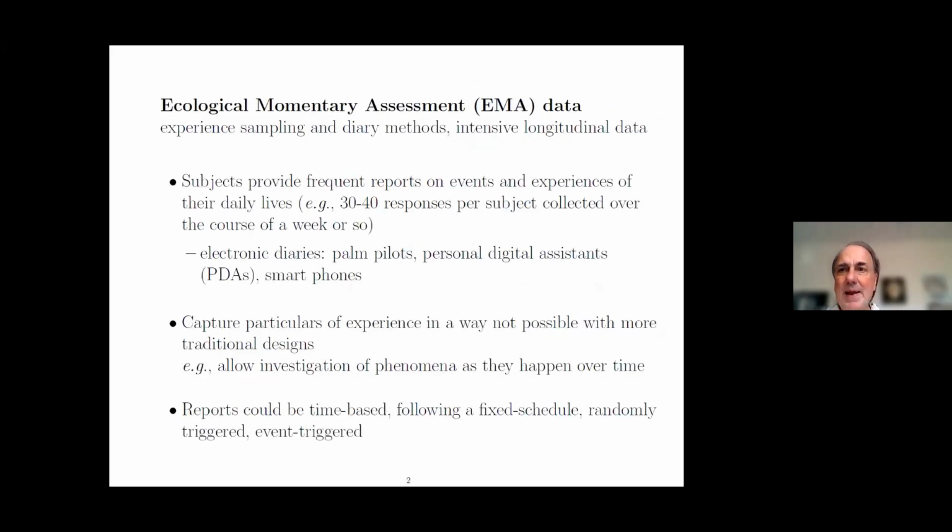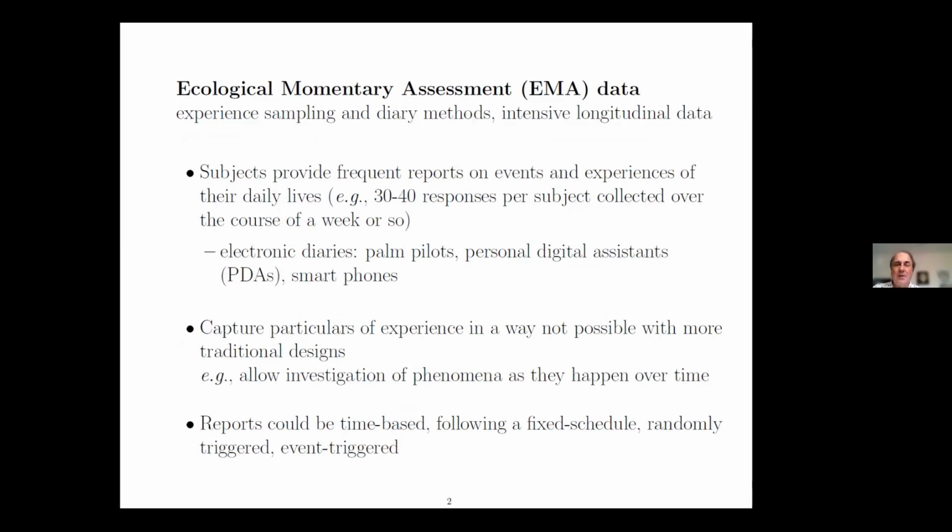So EMA studies are a way of collecting intensive longitudinal data. I started getting involved in these studies a while back, and the way they work is that subjects provide many reports on events and experiences over their daily life in a period of a week or so.